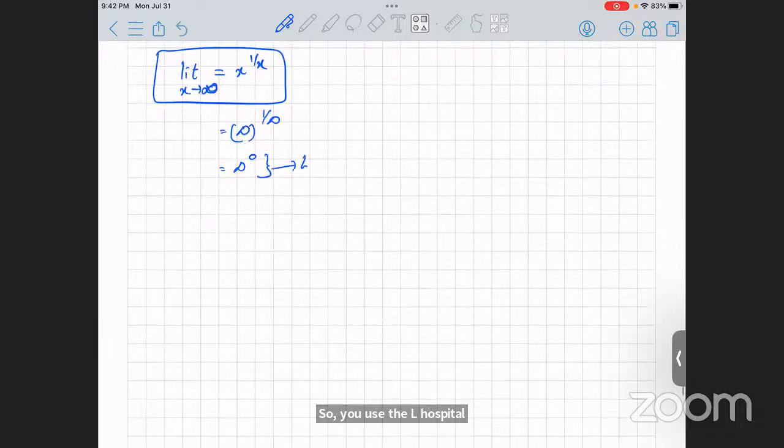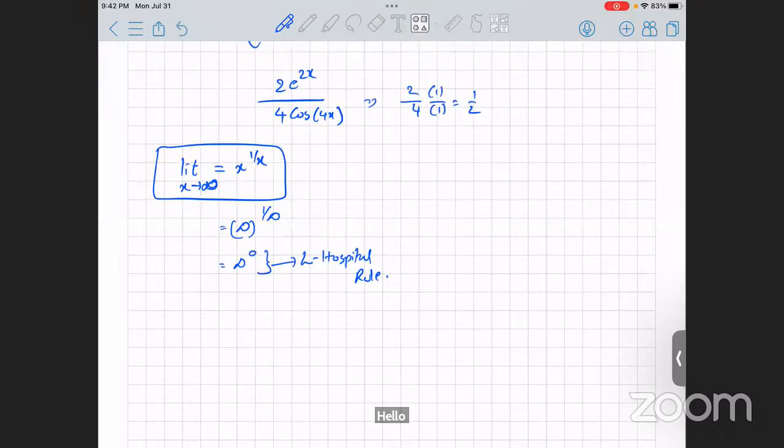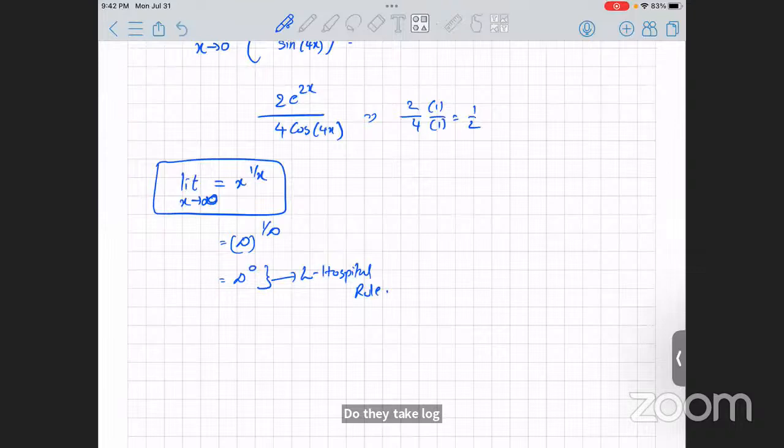Should I take log? Sir, can we write it as e raised to the power, and then subtract 1 with the help of that formula?